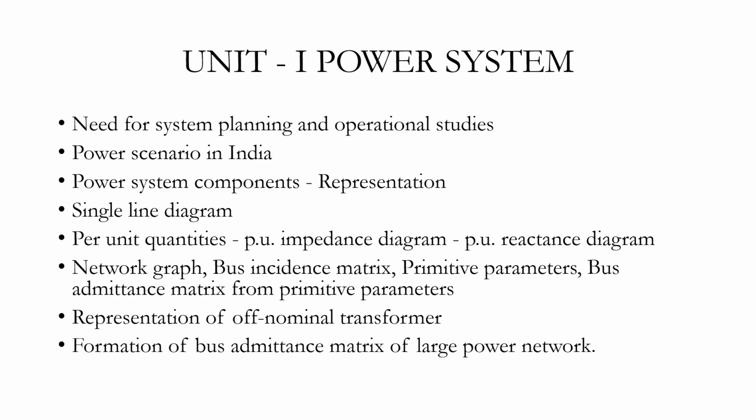We also see the network graph, bus incidence matrix, primitive parameters, and bus admittance matrix from primitive parameters. Representation of off-nominal transformer and formation of bus admittance matrix for a larger power network.